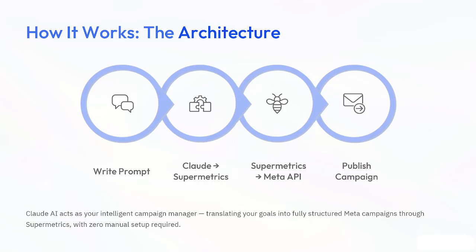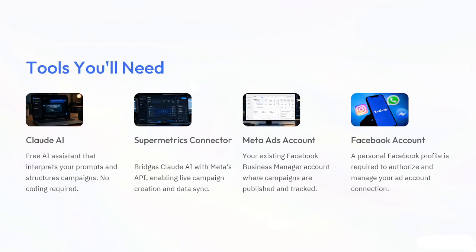It simply connects Claude with the Meta Ads APIs. And finally, Meta receives all the campaign settings and creates your campaign automatically. So you can think of it like this: you, Claude AI, then Supermetrics, and then Meta Ads. This is the workflow it will follow. So Claude becomes your intelligent campaign manager here. I think this is the best thing Claude has just launched. Okay, I hope you understand how it actually works.